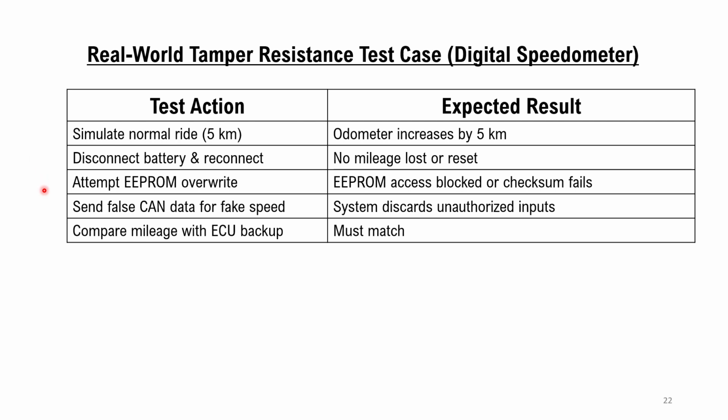Attempt EEPROM override; EEPROM access is blocked or the checksum fails. Send false CAN data or fake speed; the system discards unauthorized inputs. Compare mileage with the ECU backup; it must match.